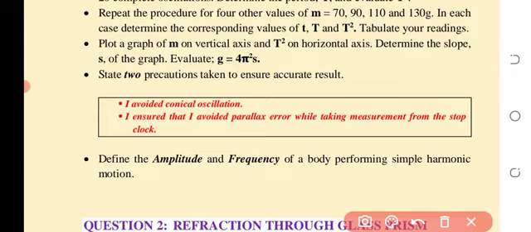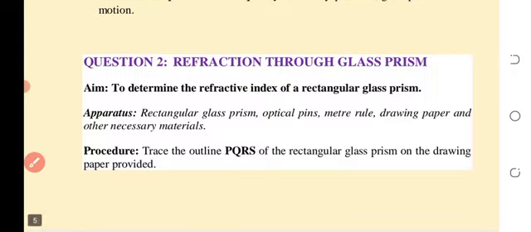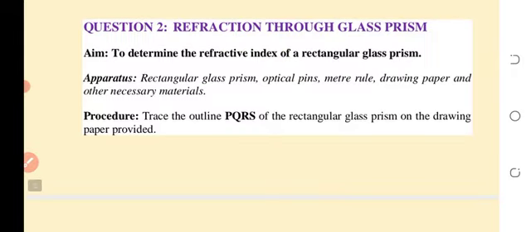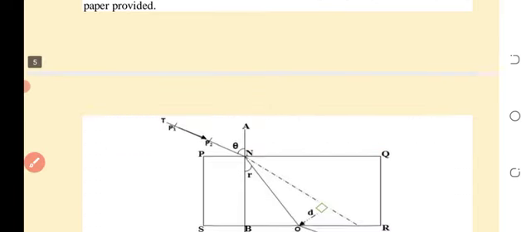Okay, let's move away from this and go to experiment number 2. From what we've gotten so far, experiment number 2 may be in line with refraction through a rectangular glass prism, and we have a practice question here that we can practice. We have the list of apparatus here, and the procedure on how to carry this experiment out.